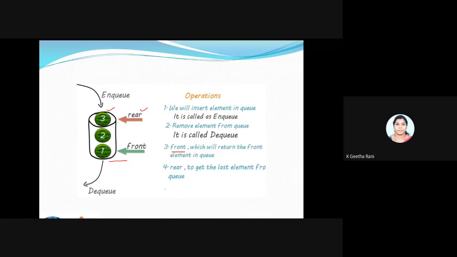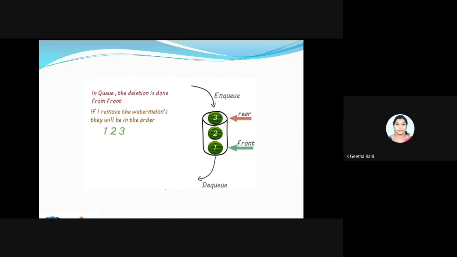We can add so many operations, but the main operations of my queue will be the NQ and the DQ. Now we have a scenario: if I'm going to make a DQ, in what order will the elements be removed? Here in this particular queue I'm going to have a deletion.